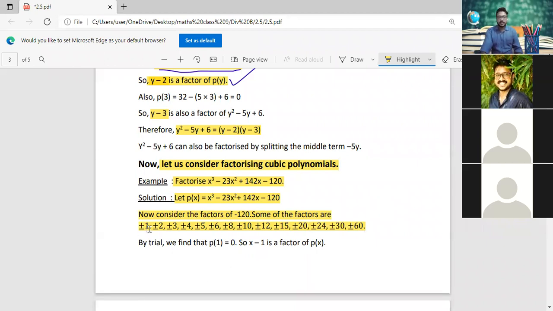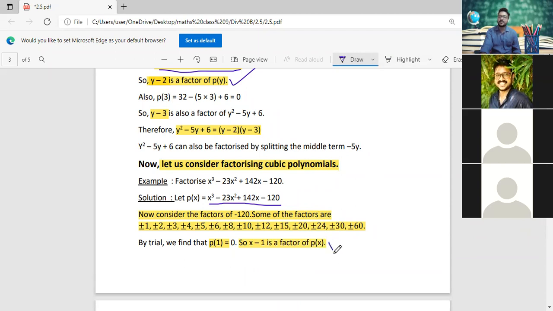So here, when we substitute p of 1, that is, instead of x we write 1 in this polynomial, we get p of 1 is equal to 0. So we can conclude that x minus 1 is a factor of p of x.